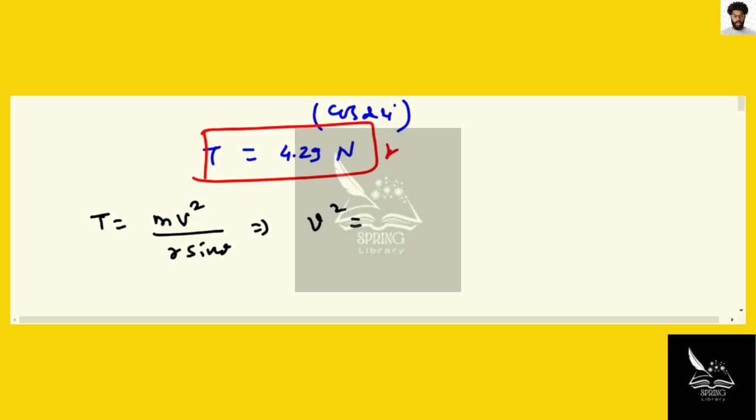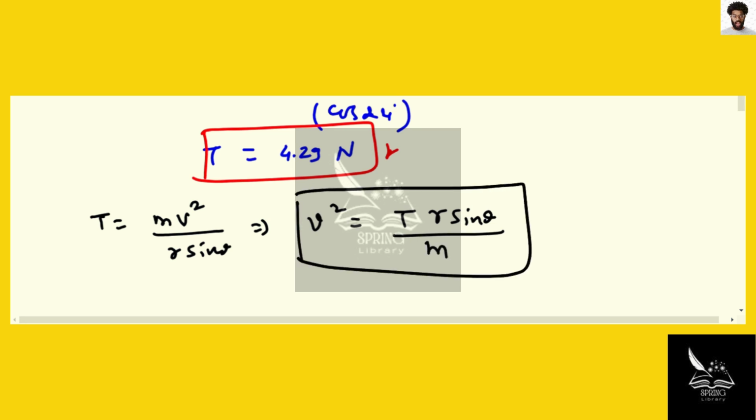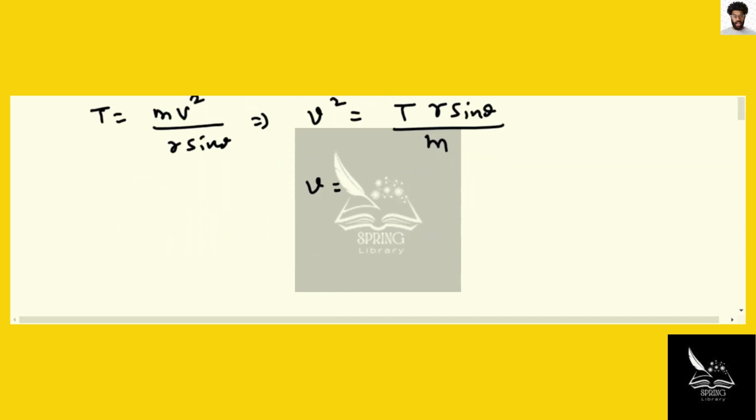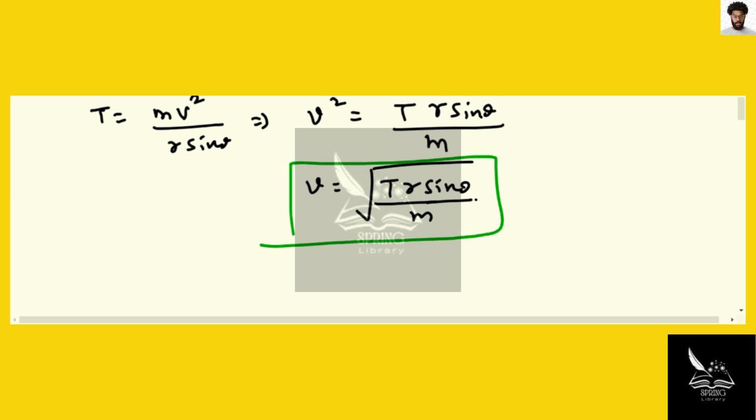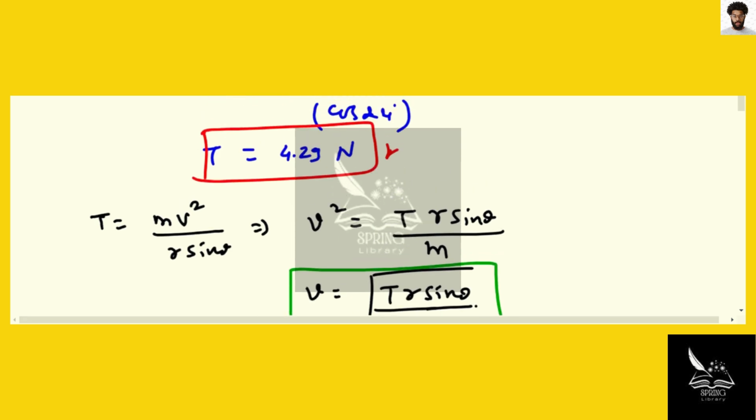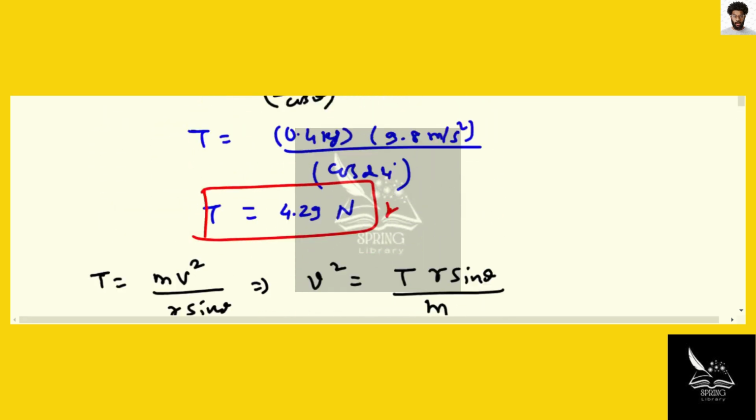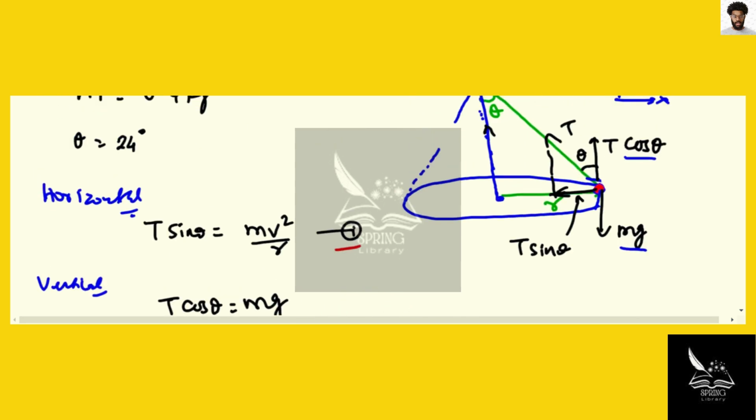So v square will be equal to T r sin theta by m, and v will be equal to the square root of T r sin theta by m. We have everything except r, that is the radius of the cone.